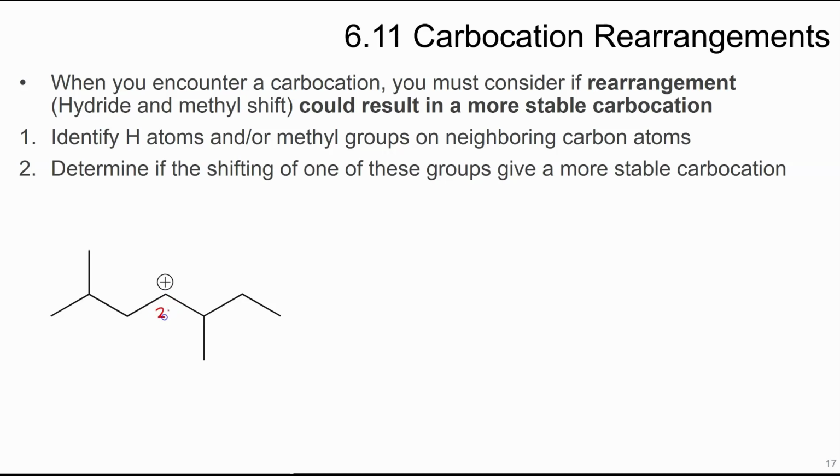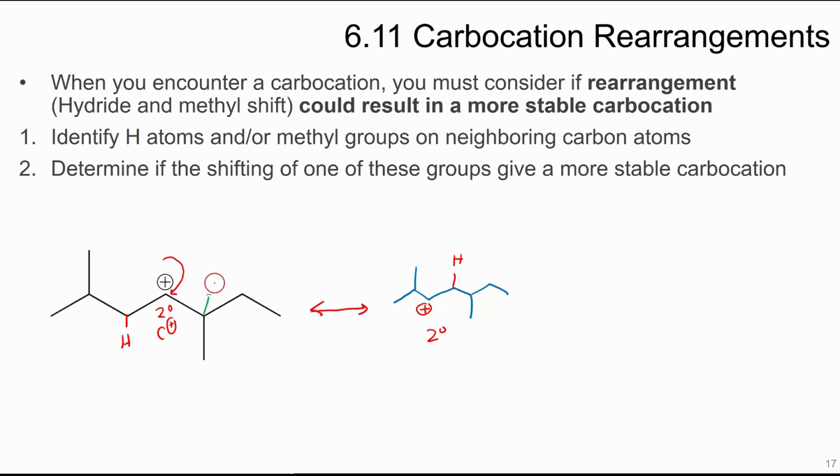secondary carbocation. So I look at this hydrogen here. So let's say I was to move this hydrogen over to here. So if I did that, that hydrogen comes here, my positive charge moves here, and I have a secondary carbocation again. It doesn't really help because it's not more stable.